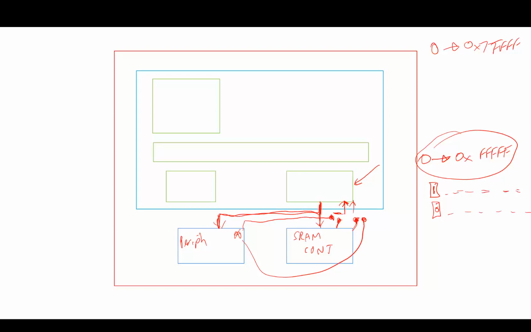I can't remember which one is given the lower half and which one is given the upper half, but let's say the lower half is given to SRAM, so if the upper bit is a 0, you should be accessing the SRAM signals.